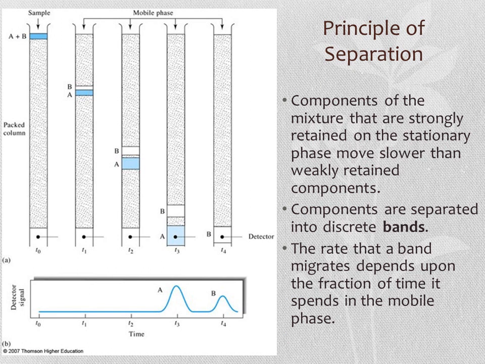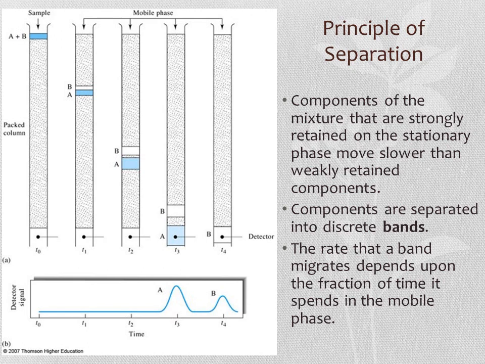No matter what kind of chromatography we're talking about, we have a very basic principle of separation. And the schematic shown here is for a packed column, which is actually just showing gravity. You can pour mobile phase through it, or maybe you're pressing mobile phase through with high pressure. But you're starting with A and B. So we have this mixture of stuff, and we put in a little bit of it.